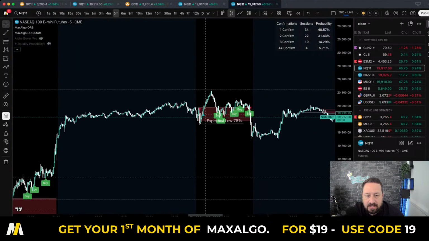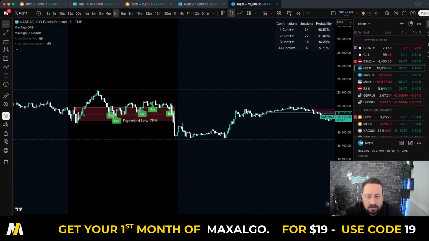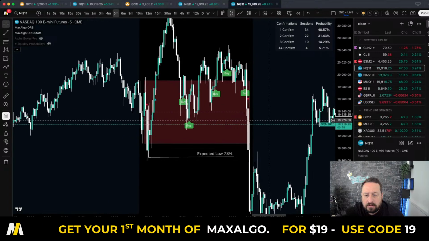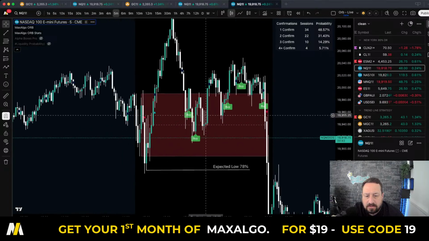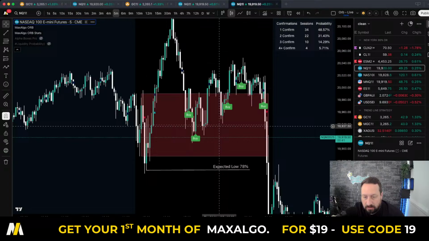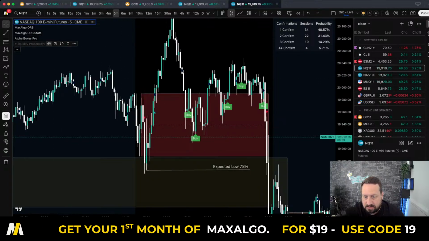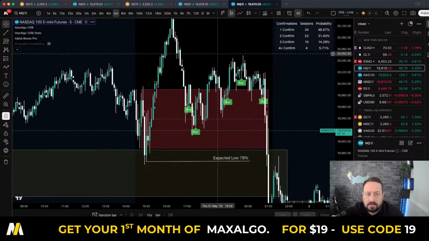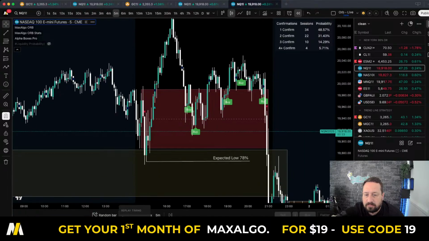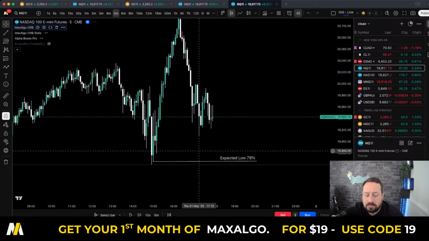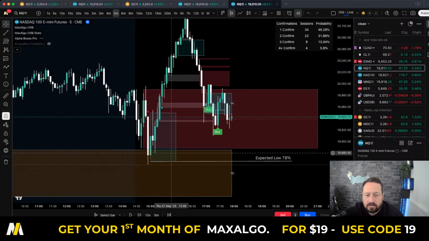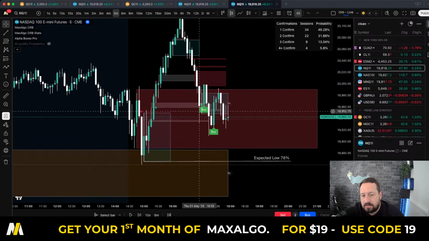So yesterday, that was my trade here. And it was just using the hourly boxes. I'll just take off the random bar. So when we got the retest here, we just came straight through.